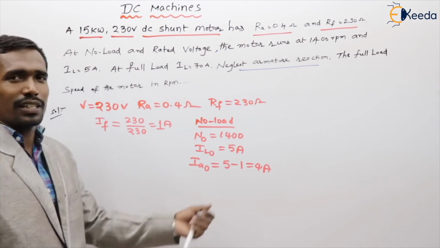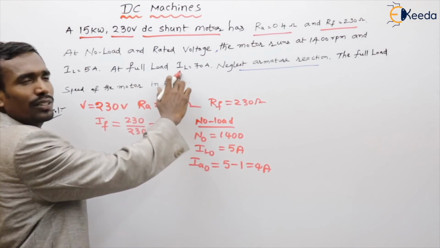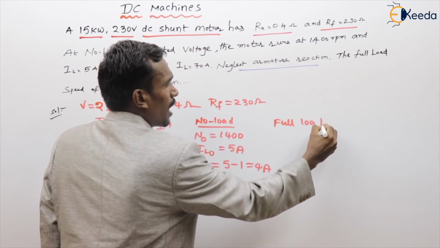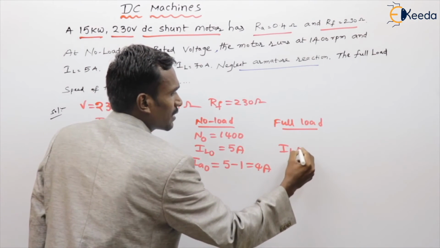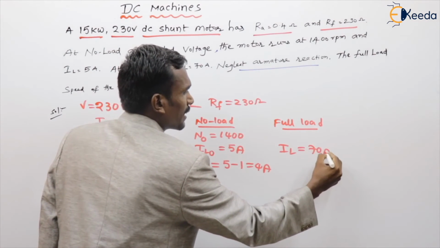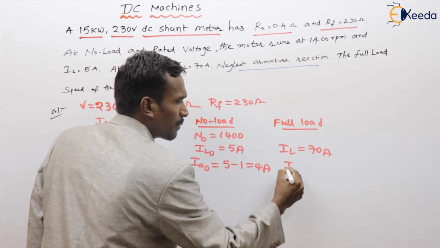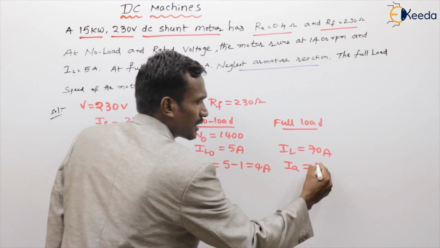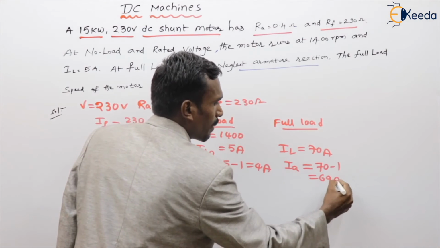Next, at full load, the given line current is 70 amperes. Can you tell me the armature current at full load? It is line current minus field current, 69 amperes.